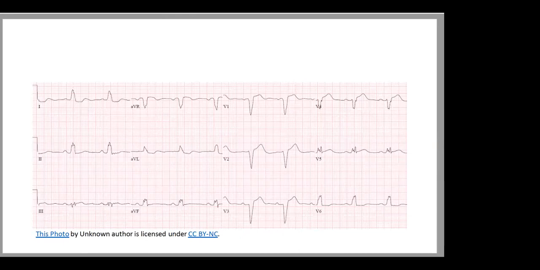It can be as a result of an acute heart attack, which has to be treated like a STEMI. And if it's not as a result of a STEMI, then it could be as a result of high blood pressure, for example, or it could be as a result of a past heart attack.